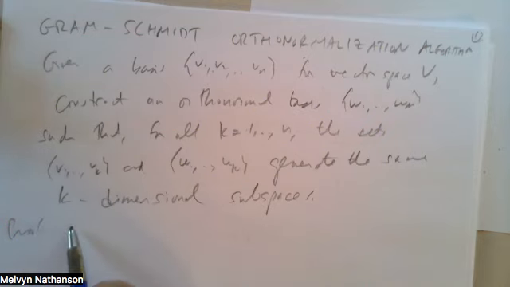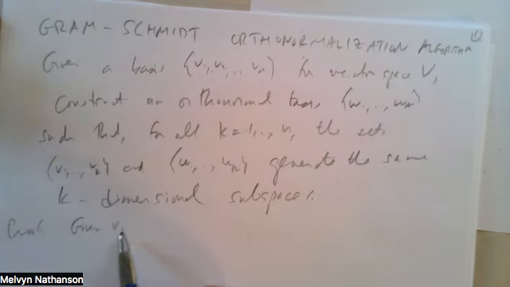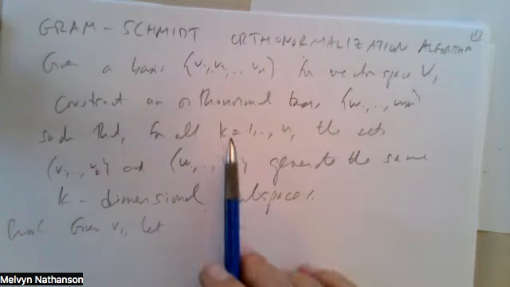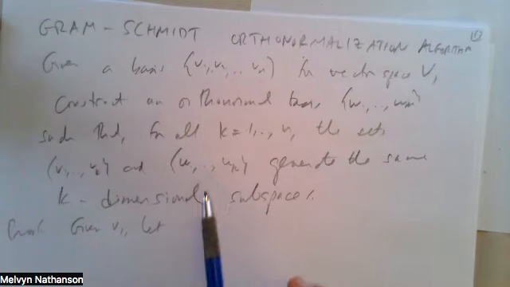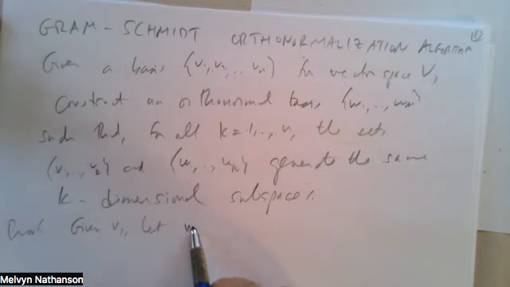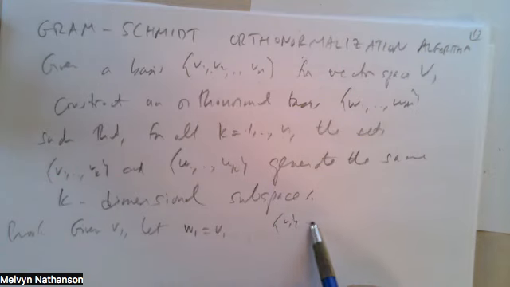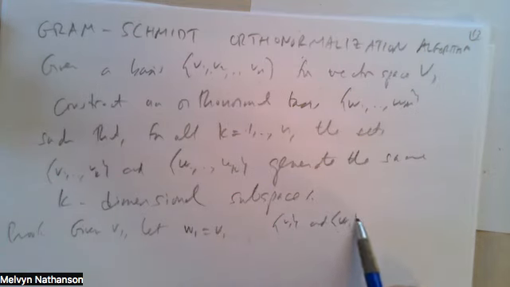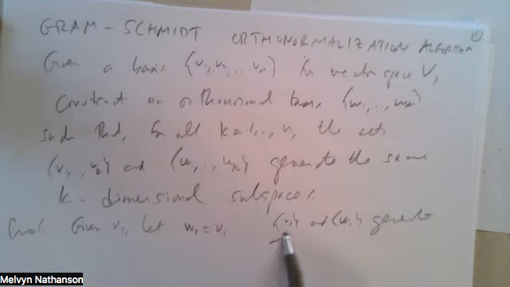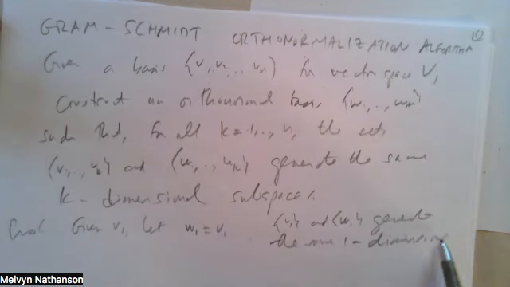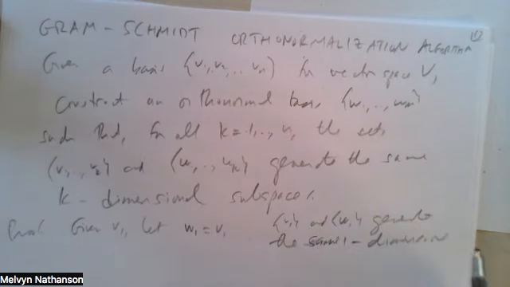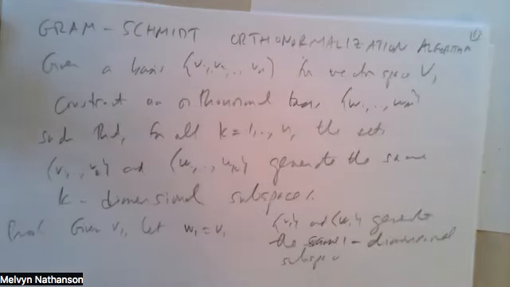Let's start with V1. First, I'm going to construct an orthogonal set with this property. Let W1 be equal to V1. So V1 and W1 generate the same one-dimensional subspace because they're the same vector.